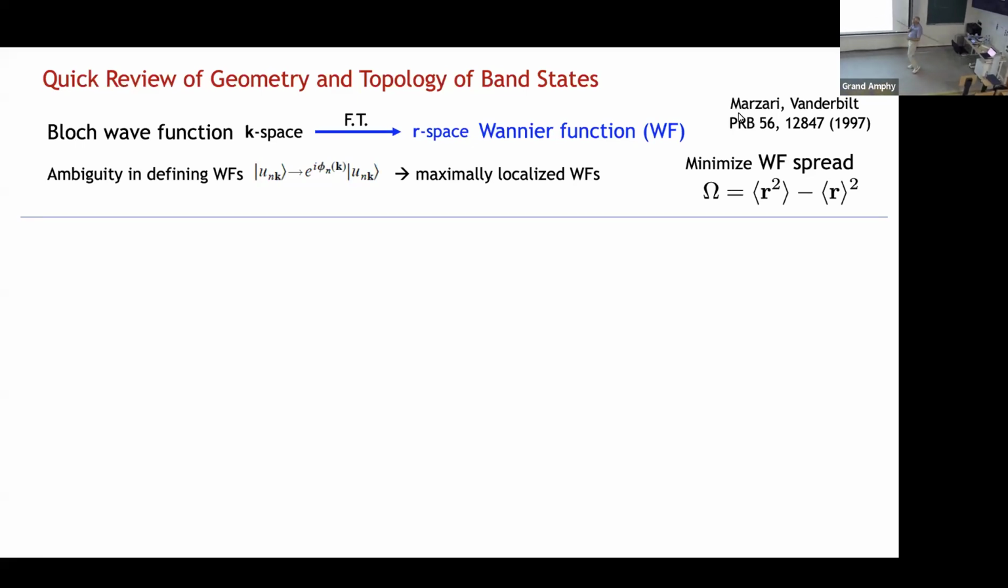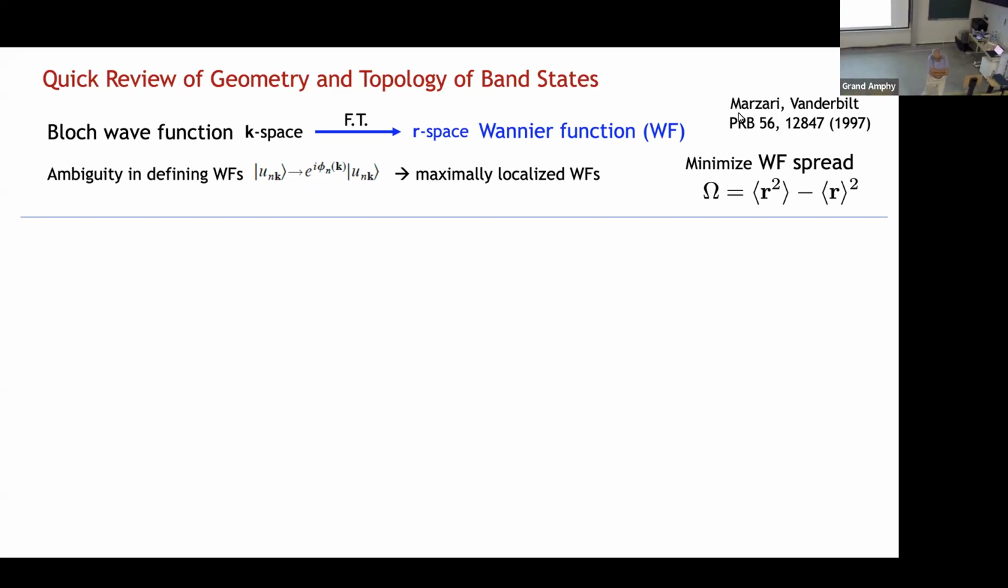They said that the thing you need to do is to maximally localize these Wannier functions. Okay, and so they define the spread of the Wannier function in the usual way. This is just r squared sandwiched between the Wannier functions, and they said to choose these phases so that the spread becomes as small as possible.